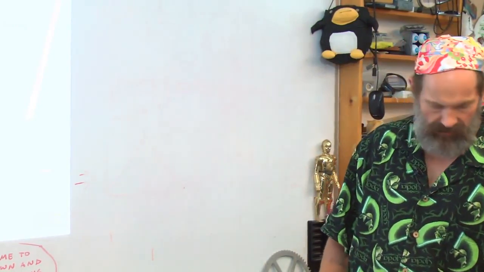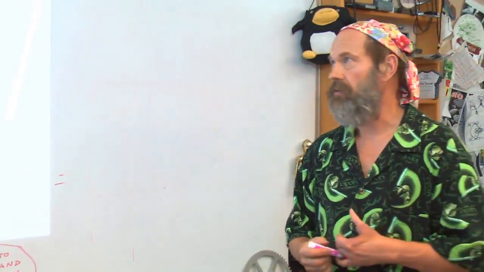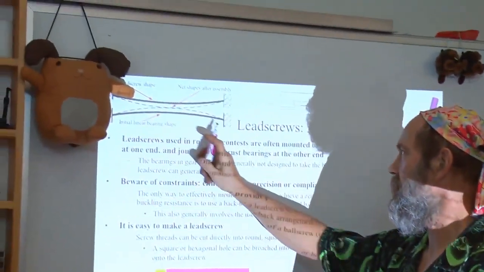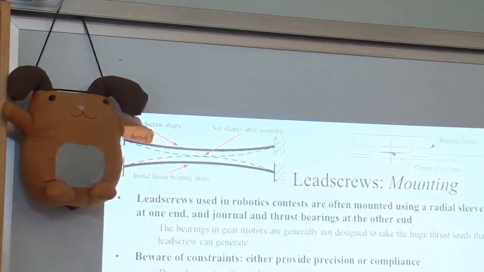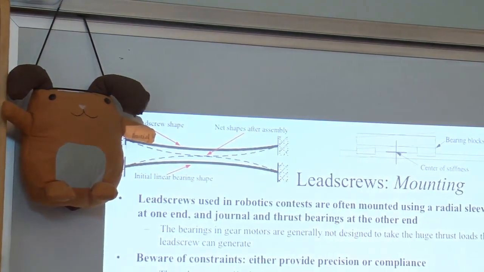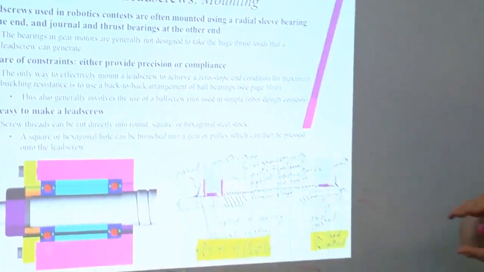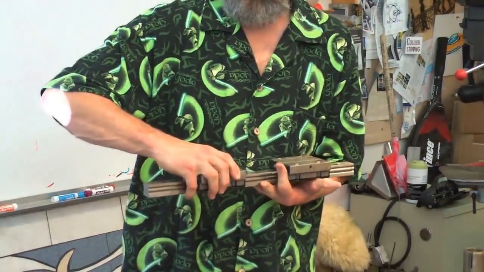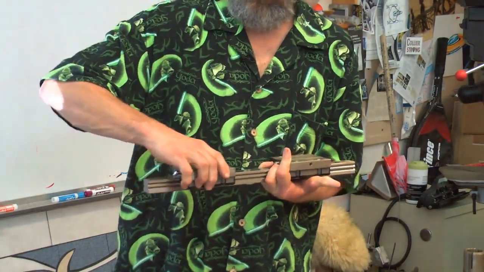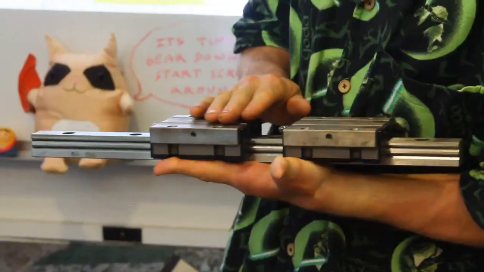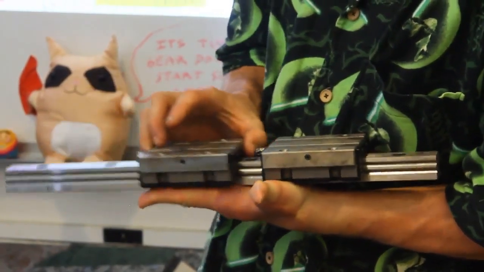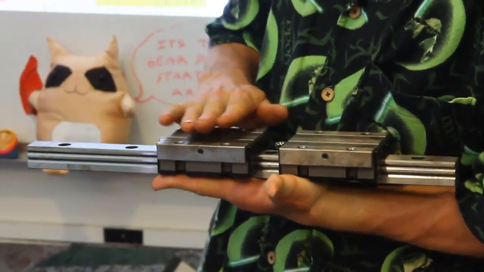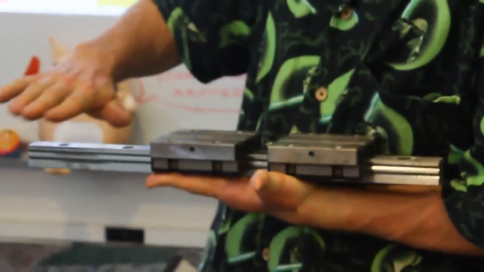The other important thing on mounting of the screws is where do you attach the nut? Notice my assistant up here is pointed to this very important figure that shows you have a trajectory of the motion carriage, and your screw is moving, and it's never going to be perfectly straight. As beautiful and marvelous and wonderful as you'll have these linear bearing systems now and then, when they move, as the carriage moves back and forth, the bearings aren't perfect and it's wobbling up and down by some millionths of a meter.